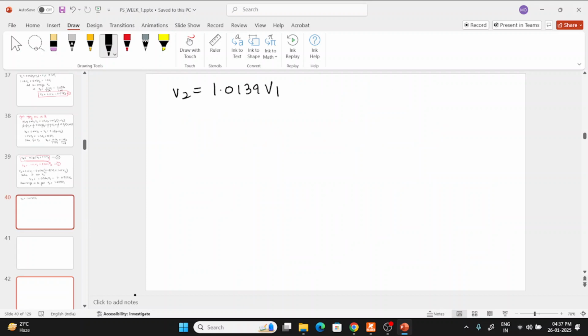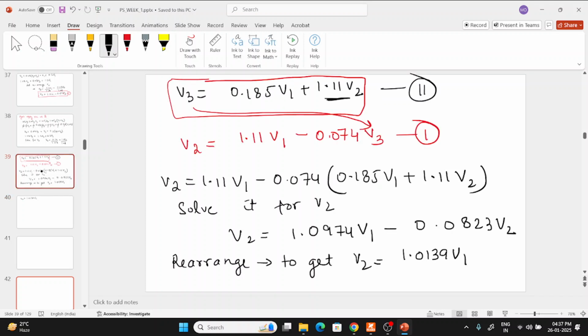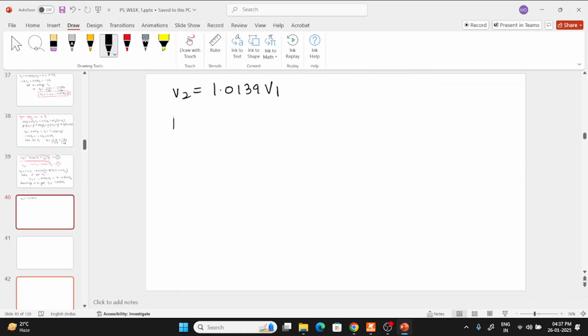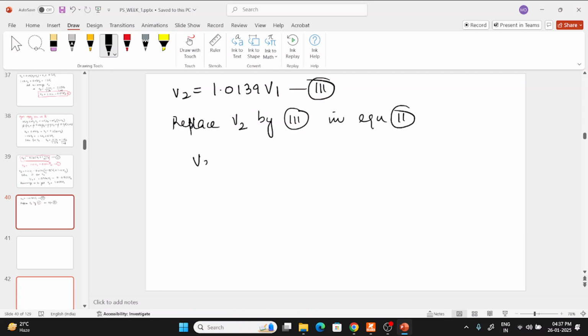And if we replace V2 here, we will get V3. Let's say this is equation third. Replacing V2 by equation third in equation second, we get V3, which comes out to be 1.3118 V1. So keep this in mind.